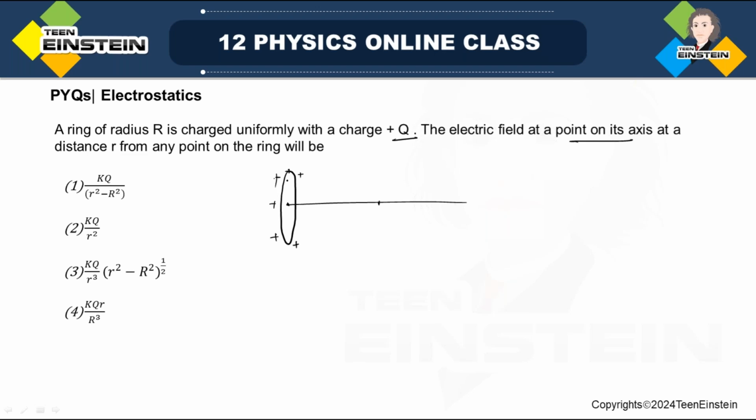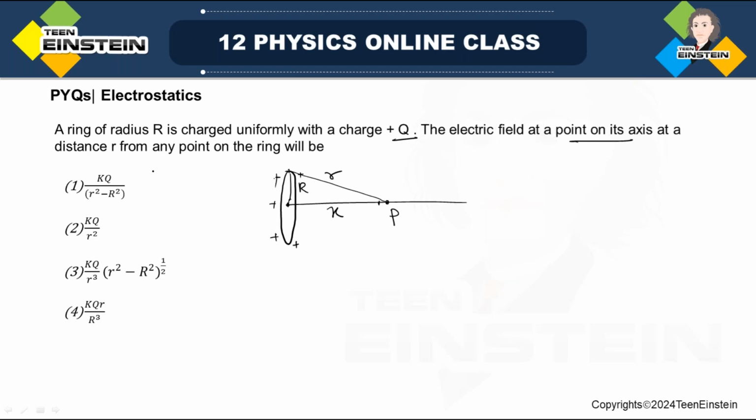Suppose this is one point, so from this point this distance is r, this is what is given. The radius, as you know, is capital R. Let me say that point is x distance away from the center, and let us take this point P.